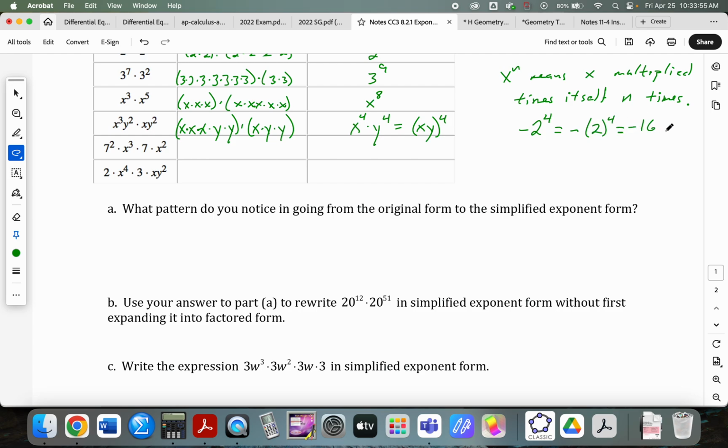This is negative 16. As opposed to, if I put that negative 2 in parentheses, yeah, it's negative 2 times negative 2 times negative 2 times negative 2, which is positive 16. So an exponent only applies to what is directly in front of it. All right, please go ahead and do the last two if you have not already.